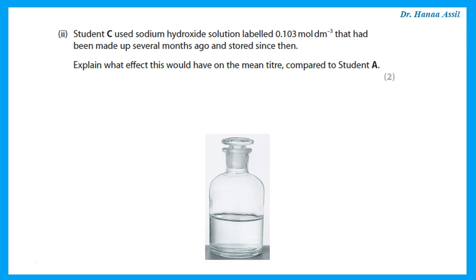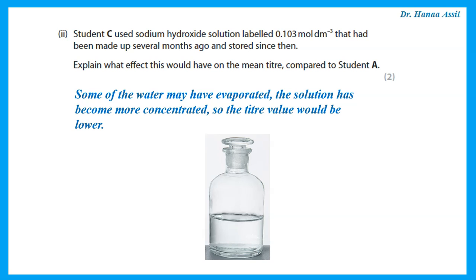Explain what effect this would have on the mean titer compared to student A. Well, if we leave a solution stored for a long time, some of the water may evaporate, and that means the solution inside that bottle has become more concentrated, and therefore I will need less of it in the titration. So my titer volume would be lower.